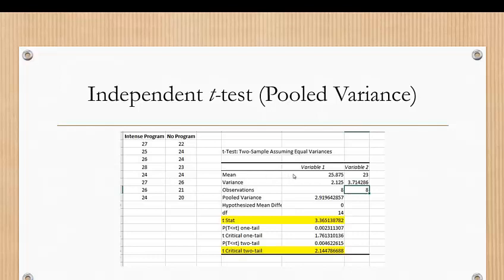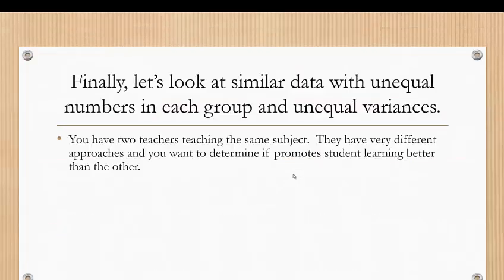So the last test then is what we call our independent t-test of unequal variances. Let me give you an example of this. Let's say you have 2 teachers teaching the same subject. They have very different approaches, and you want to determine if one approach promotes student learning better than the other.